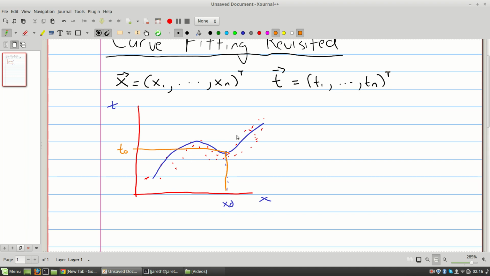This is what we had said, right? But the thing is that t0 is not a perfect value, right? There is some uncertainty here, right? So when we look at this t0, there is some uncertainty, because this is not a perfect model.